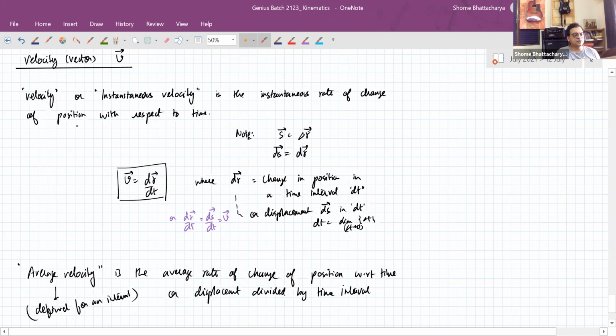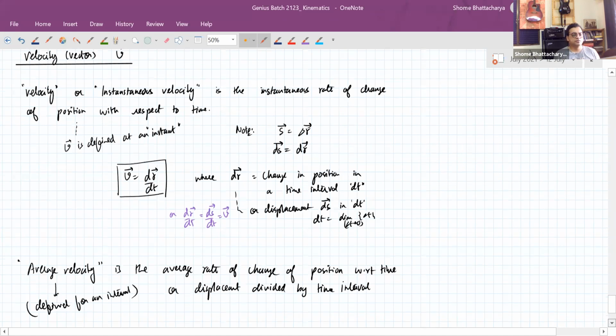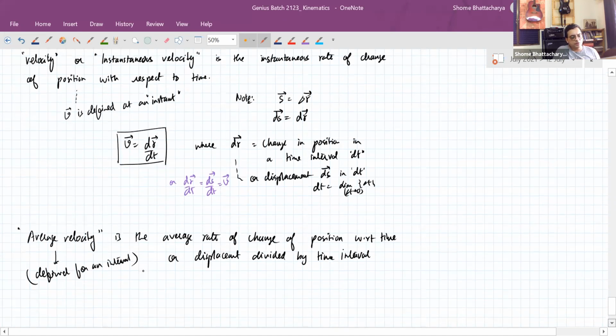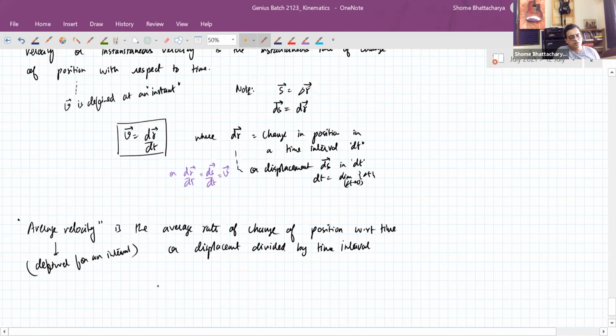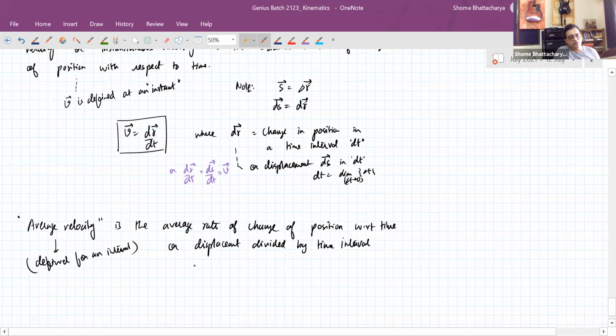Whereas instantaneous velocity is always at an instant. It is not defined for an interval of time, it is defined for an instant. So average velocity, formula wise, is the average rate of change. So it is delta r by delta t, or final position minus initial position divided by whatever time interval.